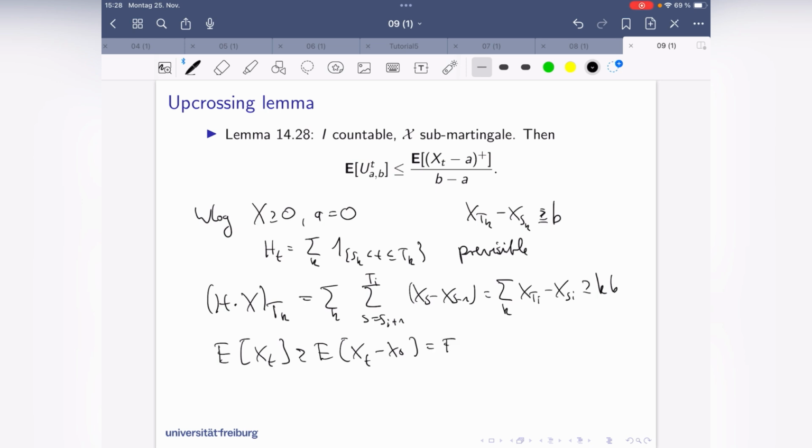I can split this up into the expectation of h times x by time t plus the expectation of 1 minus h times x by time t.